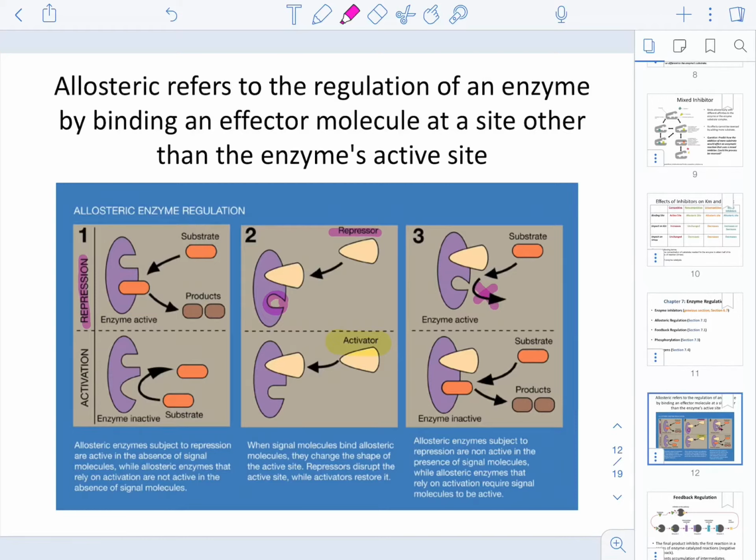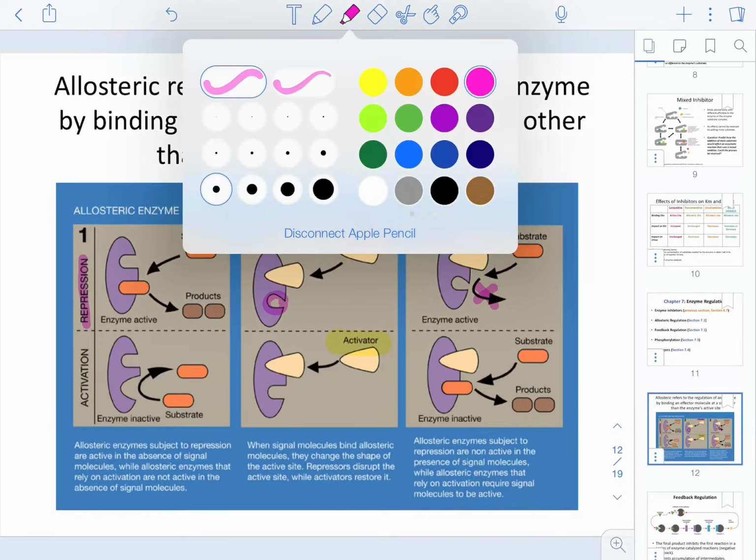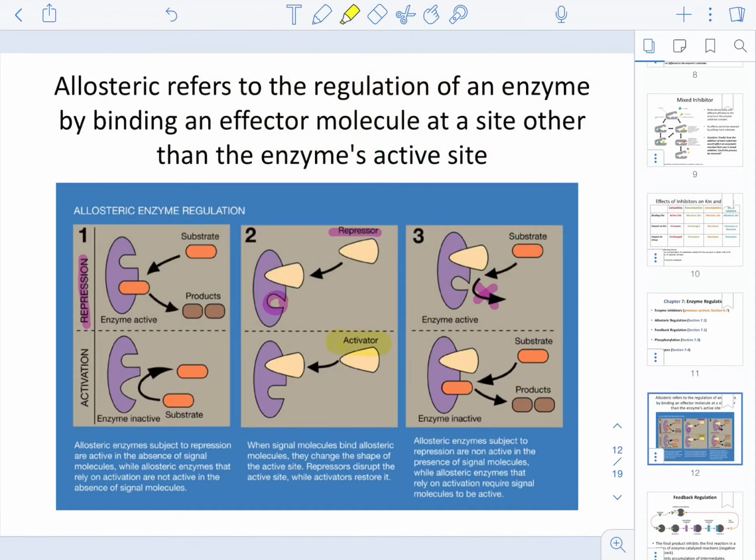So when there's signaling molecules that activate a particular enzyme, what activators do is that they change the shape of the active site such that now the substrate can bind and it can produce product. So understand that enzymes can be regulated allosterically, but it can lead to not only repression but also activation.